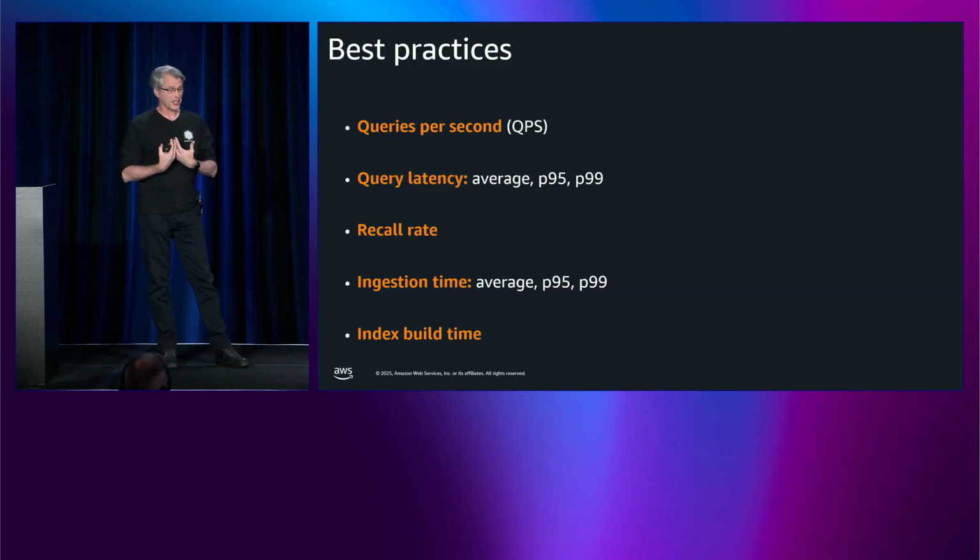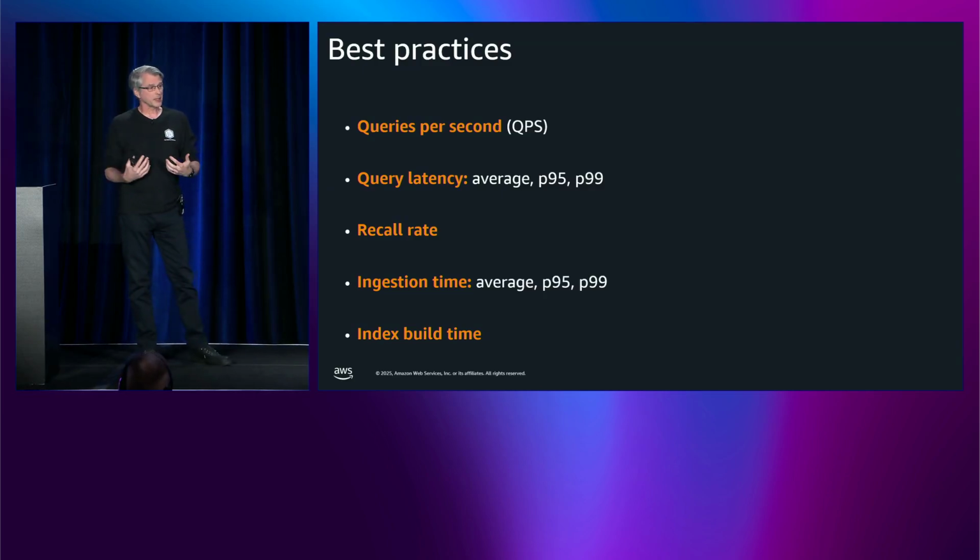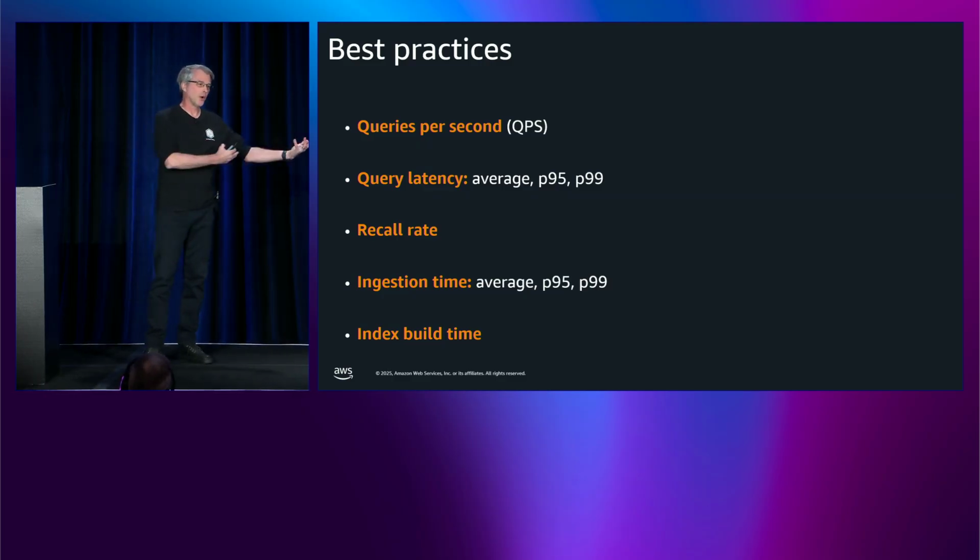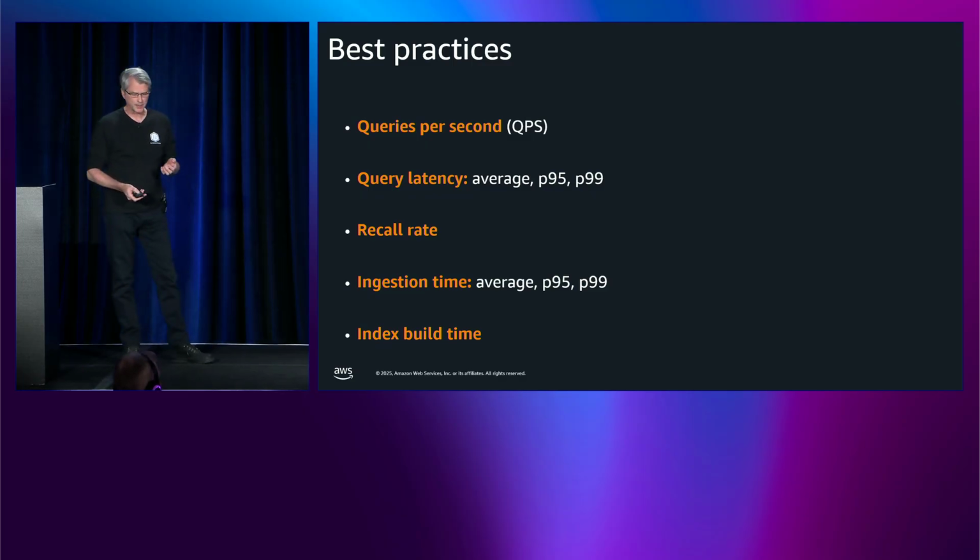So if ingestion time is a priority, maybe you want to go with IVF flat. And index build time as well. So these are the things to think about: flip it around, think about what your requirements are, and work into what your index type and your settings are.